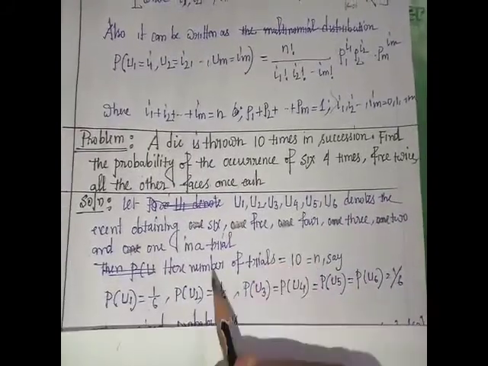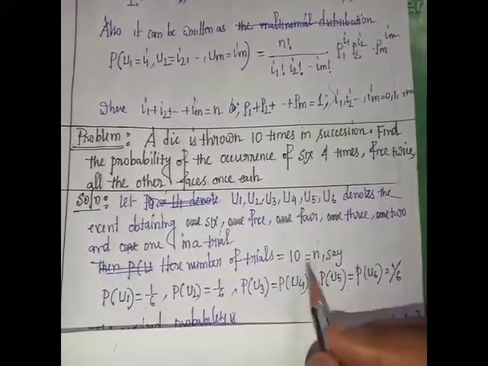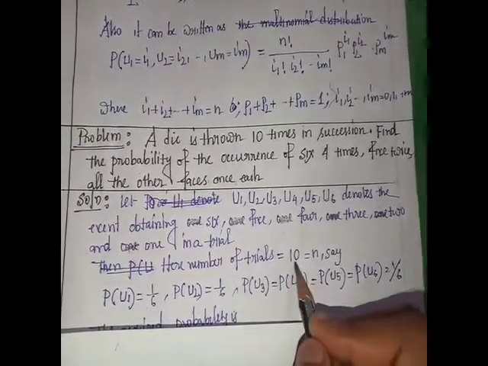Here the number of trials is 10, so n is equal to 10.